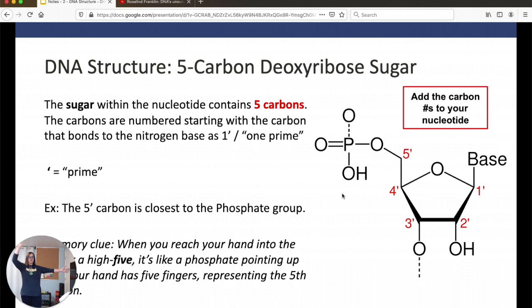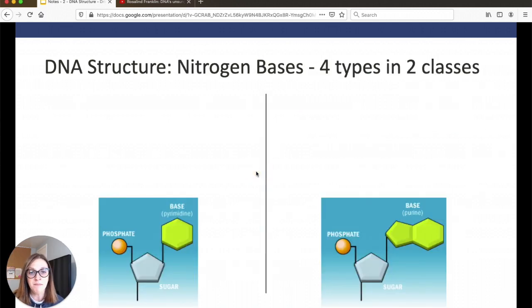I'm giving you a high 5, and I have 5 fingers on my hand, and that's the 5 prime end of my molecule. This is important because it has to do with how these strands of the nucleotides are arranged within the whole molecule. So think of high 5 as the 5 prime end sticking up with the phosphate. That's important for coming up.